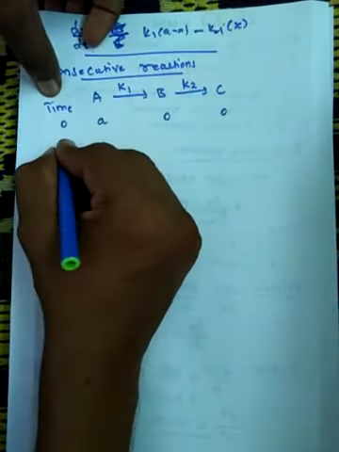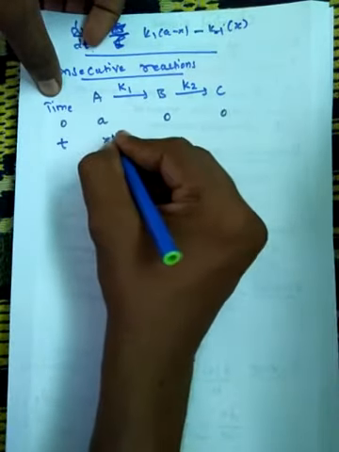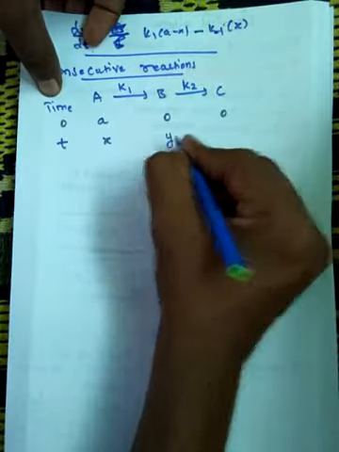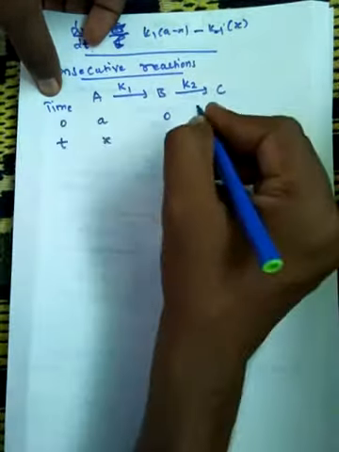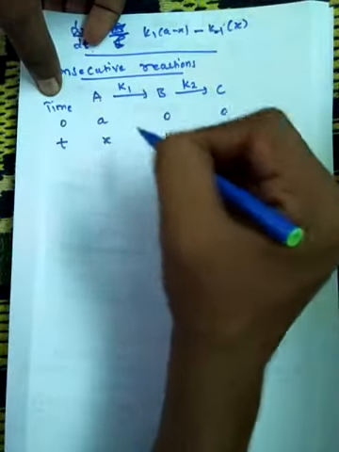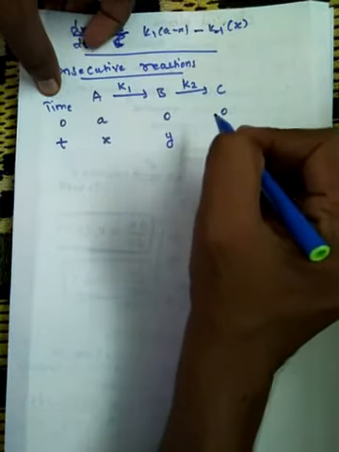And the concentration at time t, let me assume, is x, y, z. At time t, the concentration of A is x, the concentration of B is y, and the concentration of C is z.